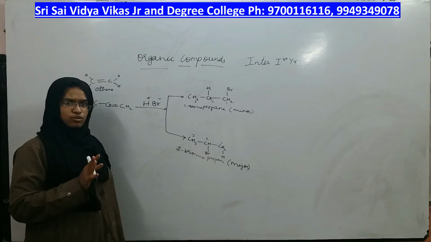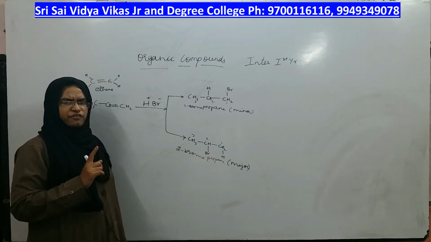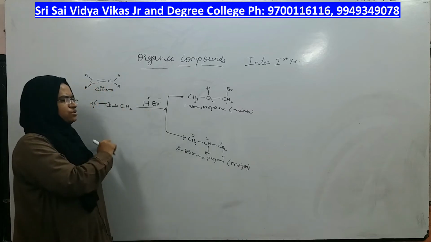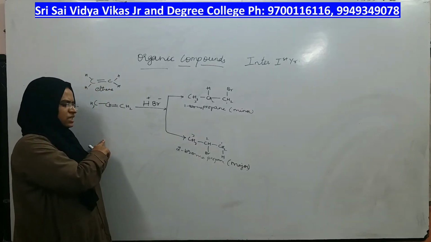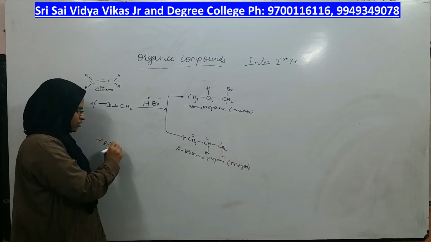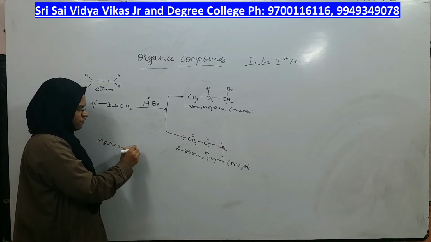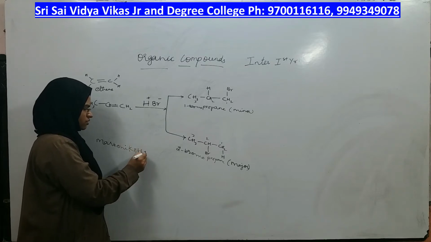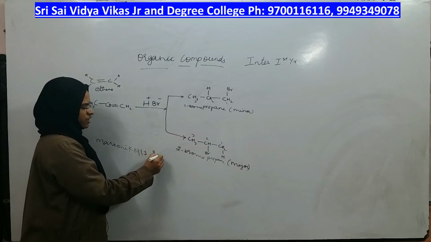Because there is a rule which is followed whenever an unsymmetrical reagent is added to an unsymmetrical alkene. That rule is called Markovnikov's rule.